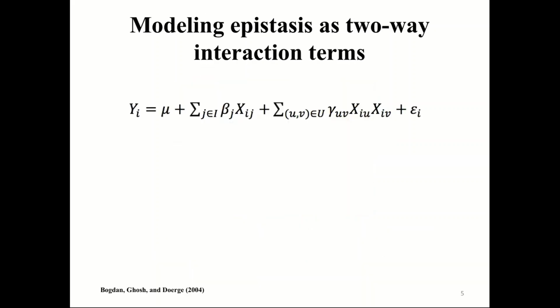Recent advances in computing power, I argue, are now making it possible to go beyond the basic GWAS model where you test the association of one marker at a time, and actually have models that can accommodate multiple markers and their interaction, and thus be able to simultaneously quantify additive and non-additive effects underlying a trait in one statistical analysis.